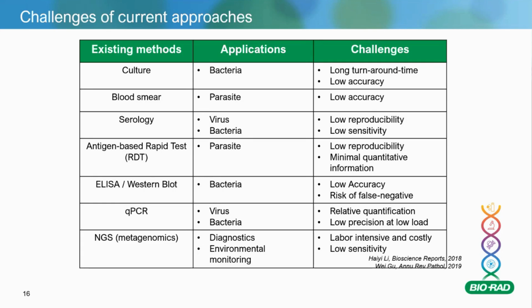You can also do something like a blood smear, which is an optical observation under a microscope of patient blood samples, but that has much lower accuracy. You've got serology, which is the bodily fluid study, where you're looking for specific antibodies in the system.